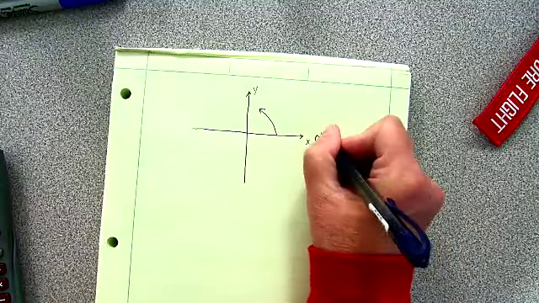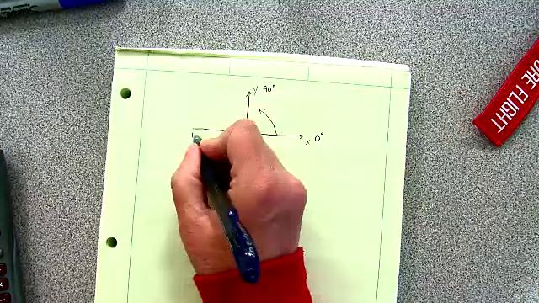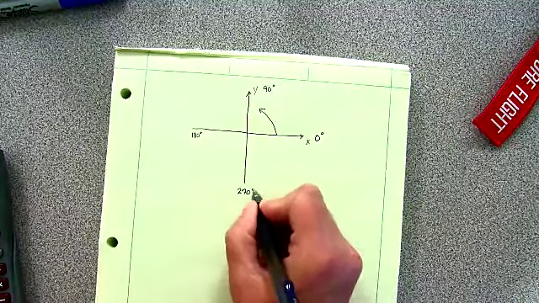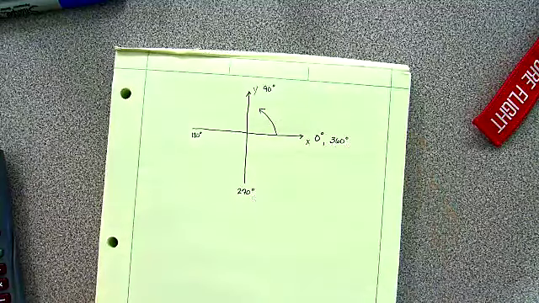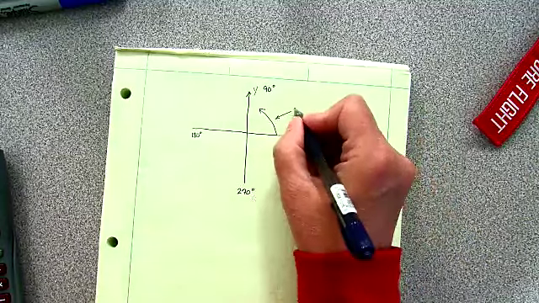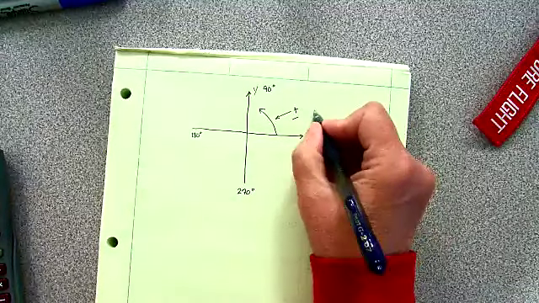This is 0 degrees, this is 90 degrees, this is 180 degrees, this is 270 degrees, and this becomes 360 degrees. And we are going to take this direction as positive, and that's counterclockwise.